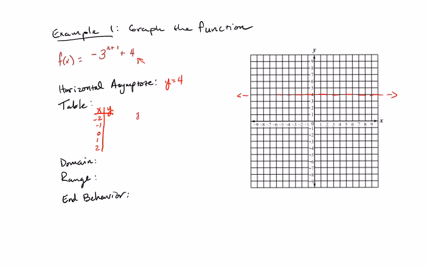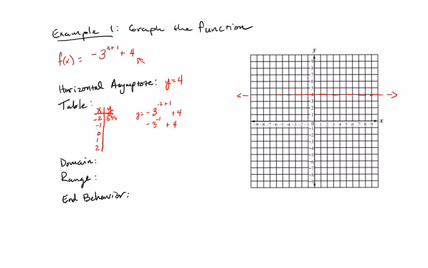So y is going to equal negative 3 to the negative 2 plus 1, plus 4. So what's that? We got negative 3 to the negative 1. So 3 to the negative first power is 1/3. So we have negative 1/3, plus 4. So we just say 3 and 2/3. Is that alright? I'm going to go real crazy and do mixed numbers for you.